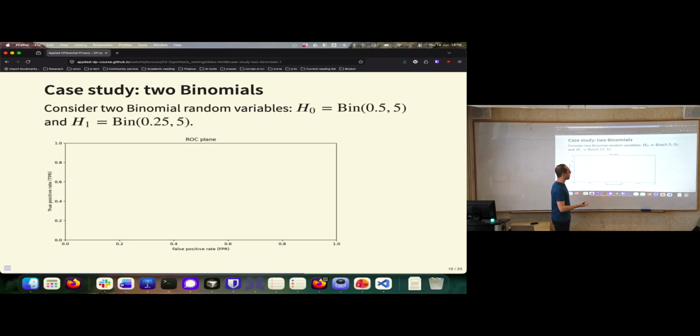If for all of them I guess 1, what point does it correspond to in this curve? 1, 1, right? This is putting the threshold at, sorry, 5.5, above 5.